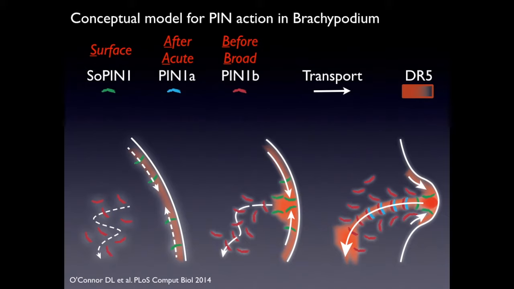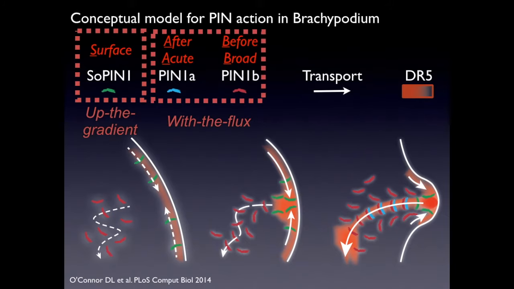So I've been alluding to this fact for a while now, but the thing that we noticed when looking at this localization is that sister tended to be oriented towards the auxin maxima very consistently, whereas pin 1A and pin 1B tended to be polarized away from the auxin maxima very consistently. And that jived quite well with a couple of existing ideas in the Arabidopsis literature for how pins might be polarized with respect to auxin.